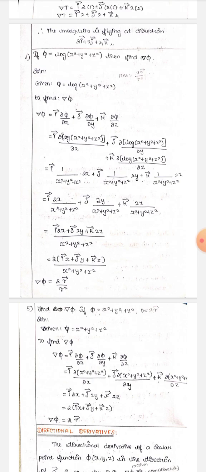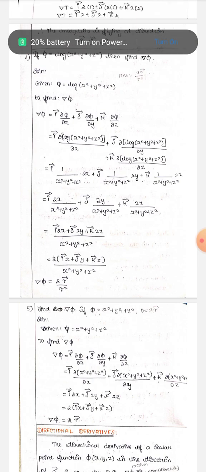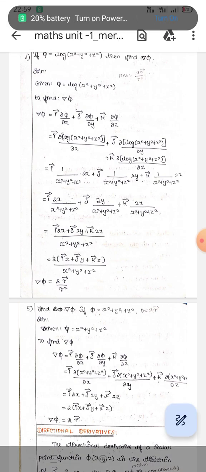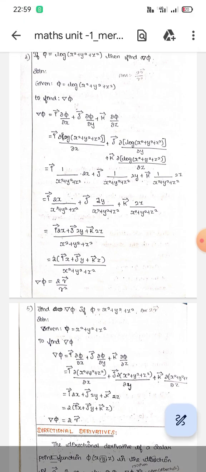Okay, clear? So next step, the denominator is the same in all three terms, so we can add the numerator values. The numerator value is i vector of 2x divided by x square plus y square plus z square, plus j vector of 2y divided by x square plus y square plus z square, plus k vector of 2z divided by x square plus y square plus z square.